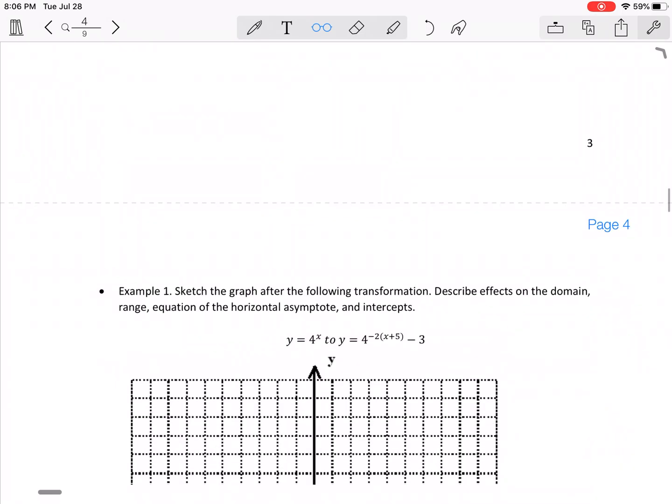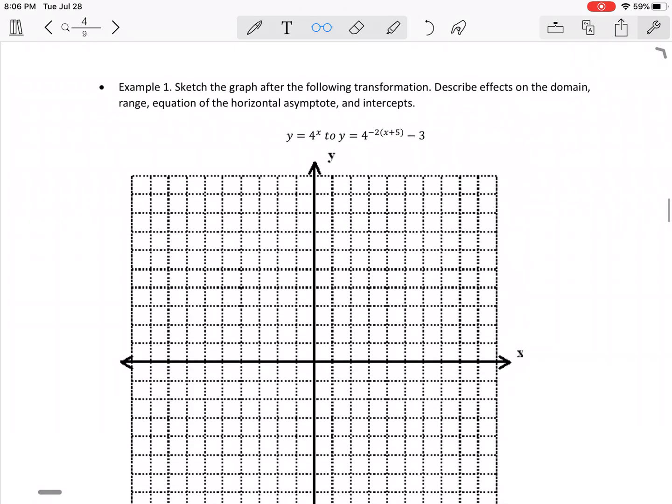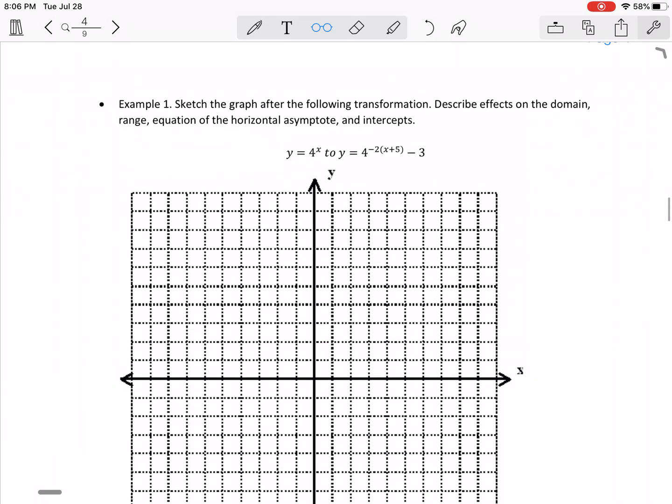Okay, so let's start with a graph here. Let's begin with y equals 4 to the power of x as the base graph, and we'll do this exactly the same way we did before. We'll take the coordinates of the base graph and then map out the new coordinates. For 0, it's going to be 1.